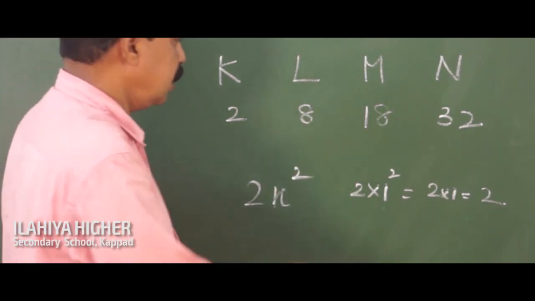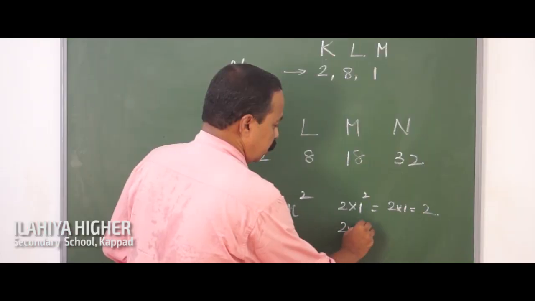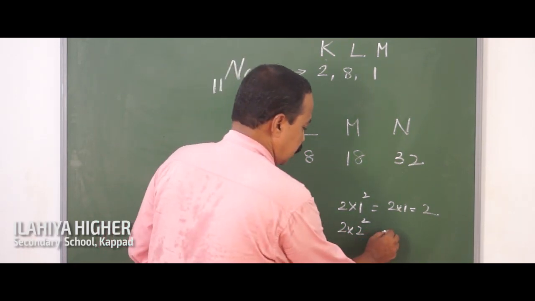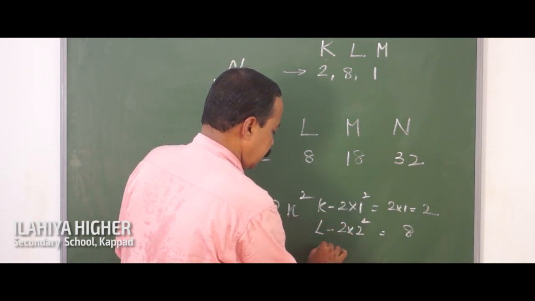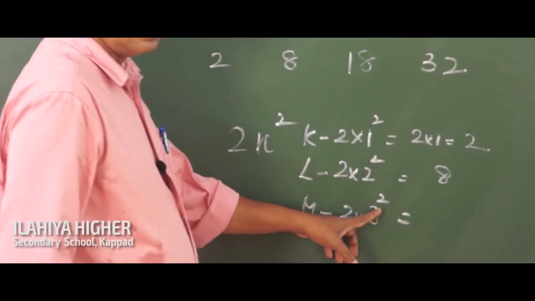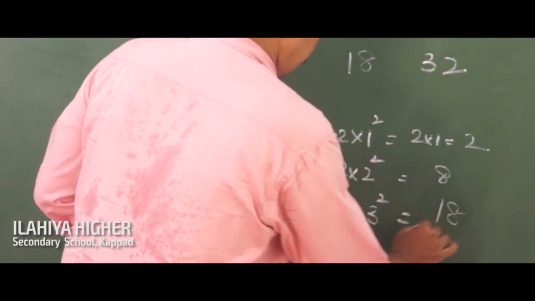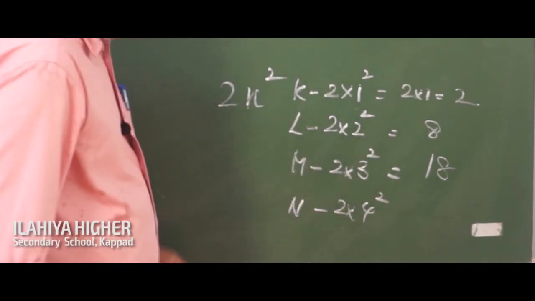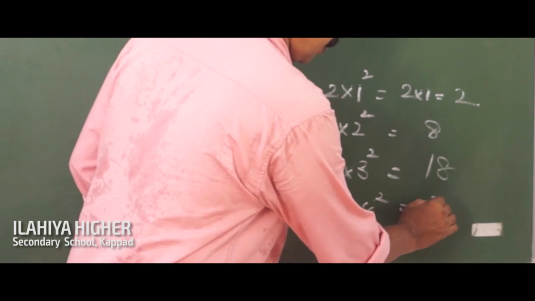In the L shell, the second shell, the maximum number of electrons is 2 into 2 square. 2 square means 4, 4 into 2 is 8 electrons. M shell: 2 into 3 square. 3 square is 9, 9 into 2 is 18 electrons. In the N shell, 2 into 4 square. 4 square means 16, 16 into 2 is 32.